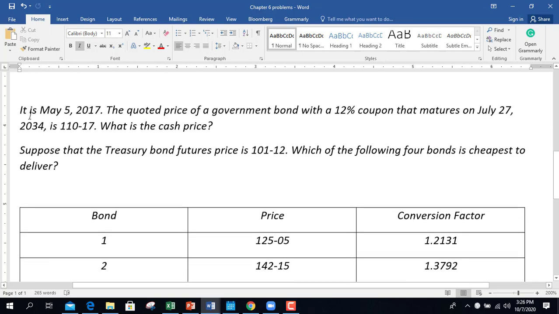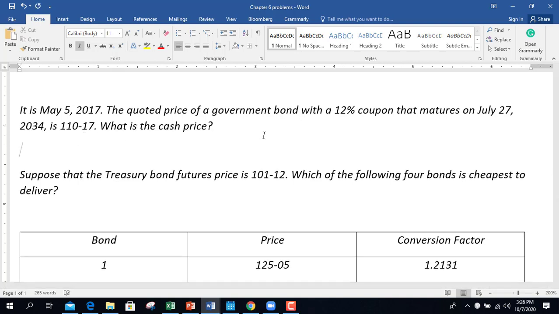Next one, it is May 5th 2017. The quoted price for a government bond with a 12% coupon that matures on July 27, 2034 is 110-17. What is the cash price? So how do you find the cash price?